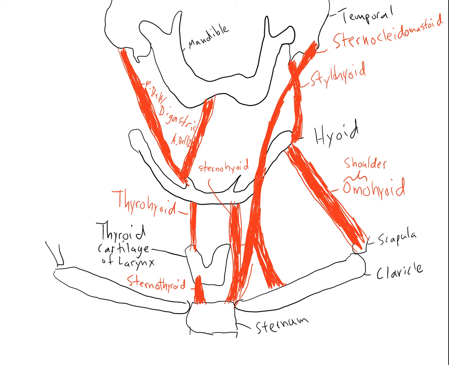Whereas if just one sternocleidomastoid contracts, you'll rotate ipsilateral. You'll rotate to the same side as the contracting muscle. So that should complete the drawing.